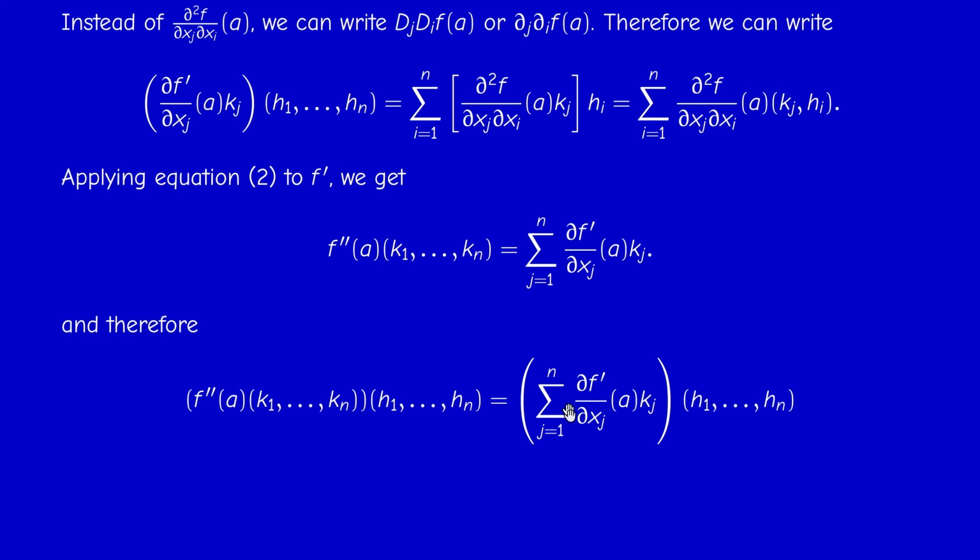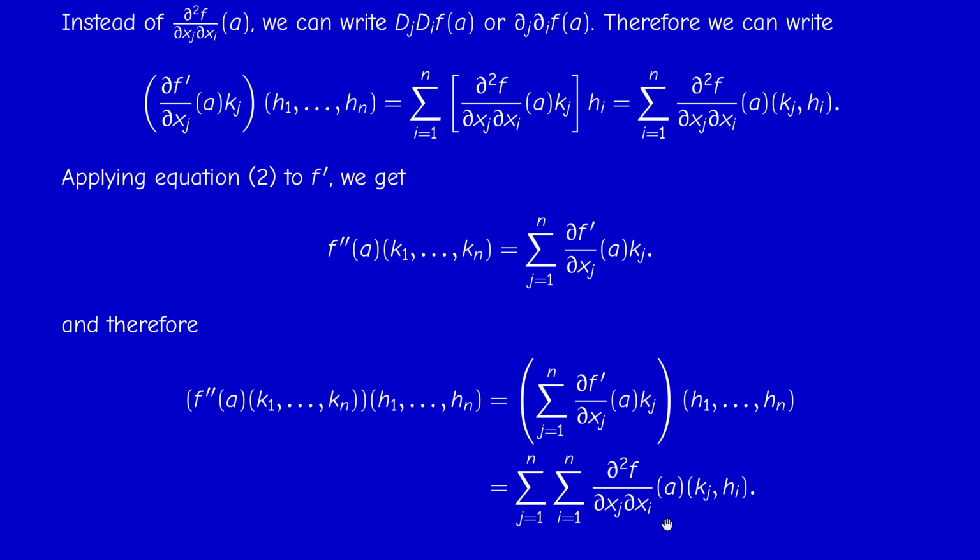And now, of course, by definition of the sum of functions, this is the sum of this map evaluated at this variable. So this term actually is exactly equal to this term. And therefore this is equal to the sum over j of the sum over i of the mixed partial derivatives at A in the direction kj, hi.